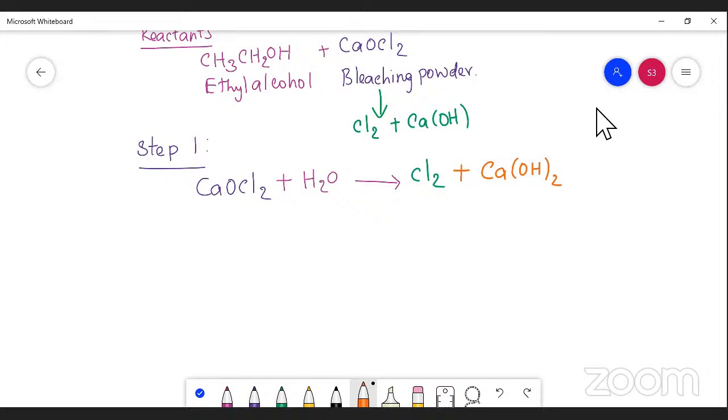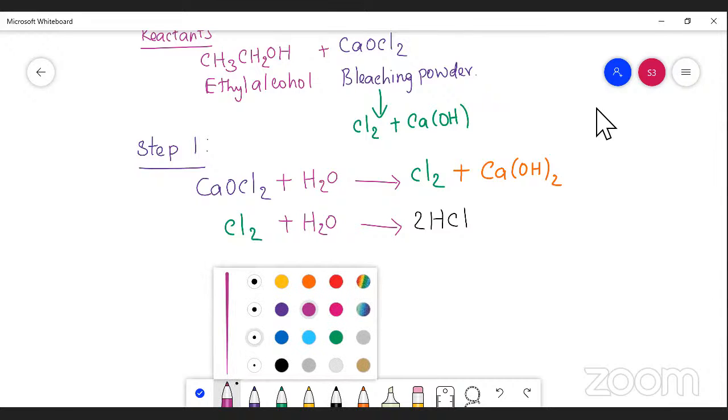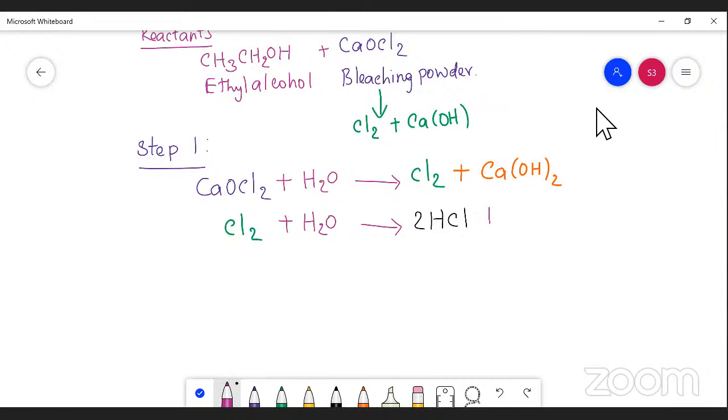Then what will happen here? This chlorine on further hydrolysis, with water, we are getting 2 molecules of HCl, and also we are getting nascent oxygen.